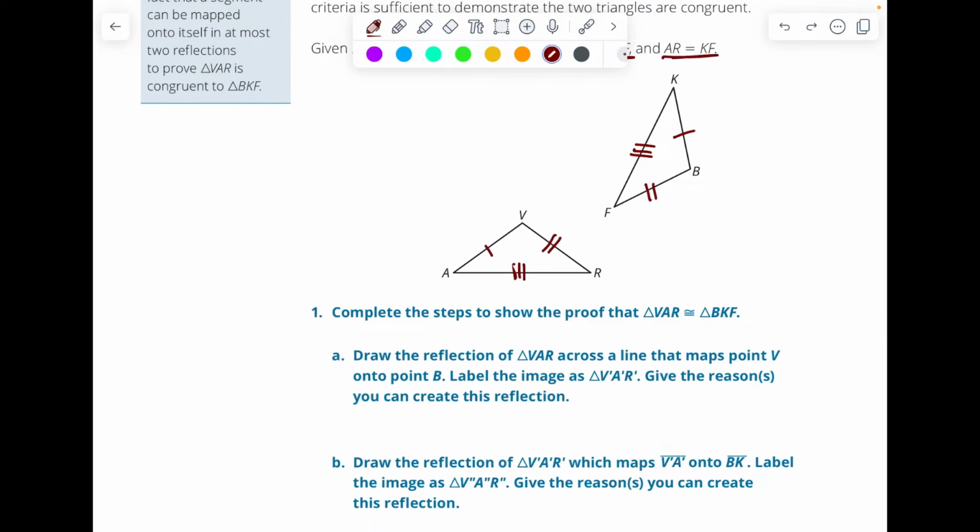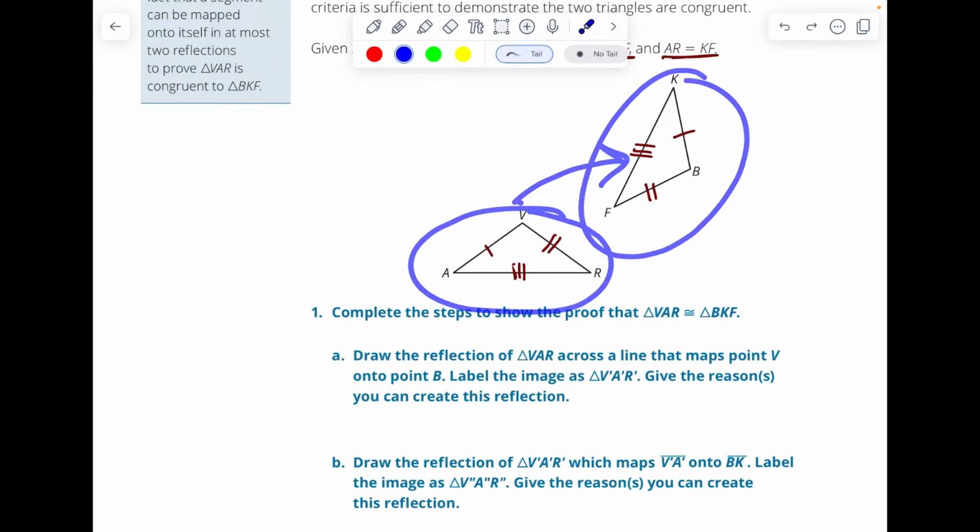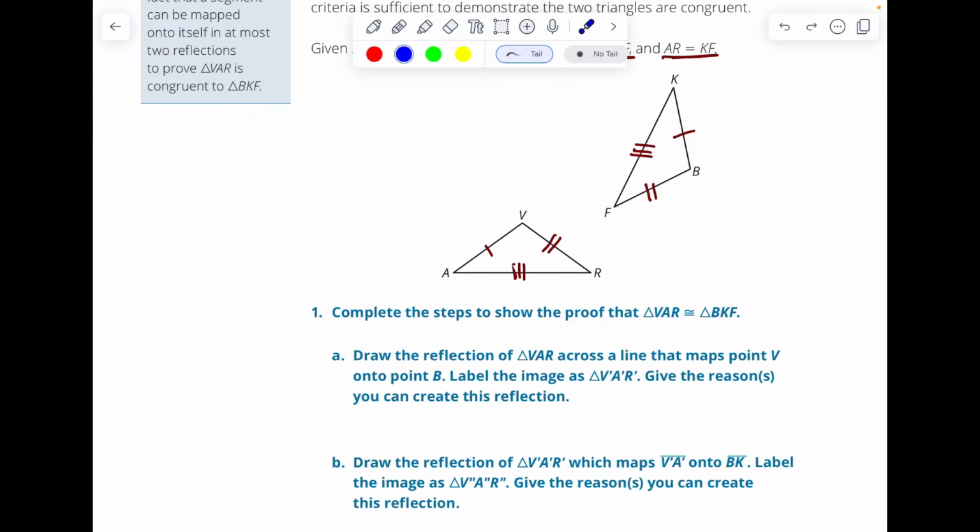So we could do what we did in 2.1 and basically show two reflections that would map this triangle onto this triangle, all right? Or you could just use patty paper to prove that these two triangles are the same. We know that the sides are the same, but we're trying to figure out, are the angles also going to be congruent?